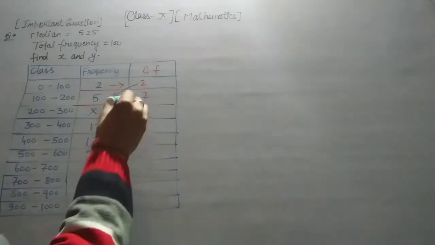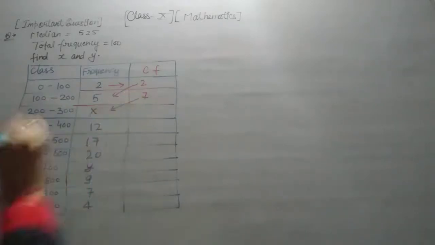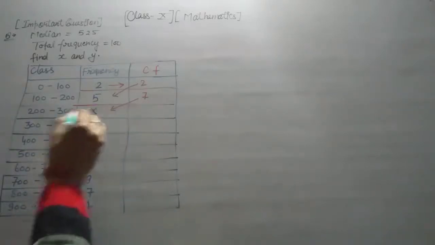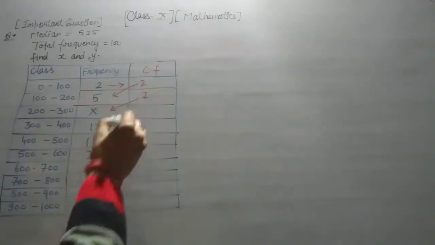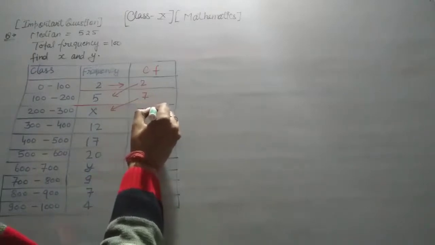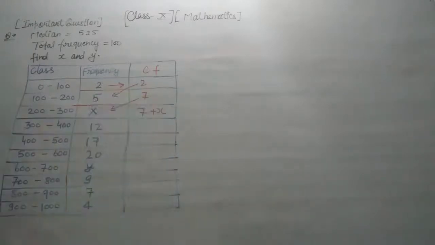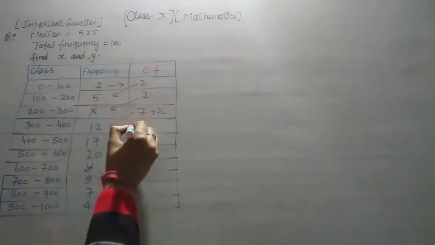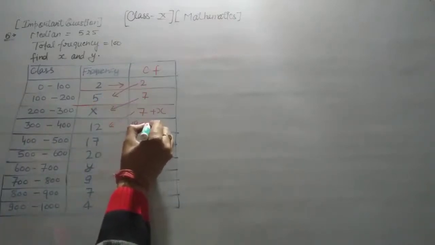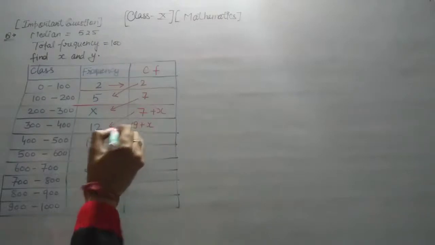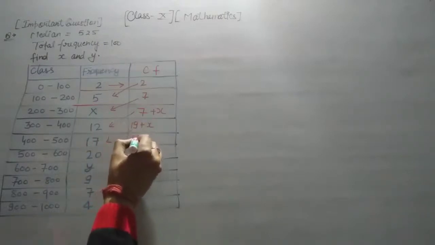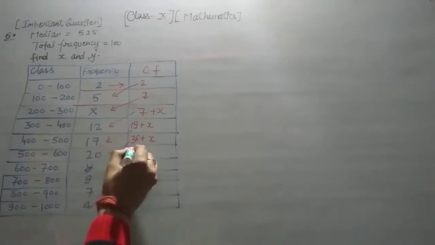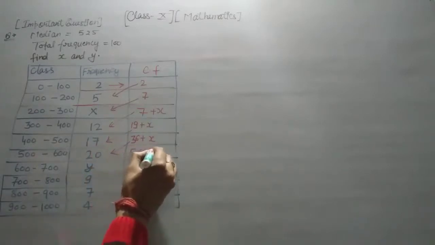Then add this with the next frequency. This one is a variable, so we write 7 plus x. Then add again, and you get 19 plus x. Then you get 36 plus x, then 56 plus x.